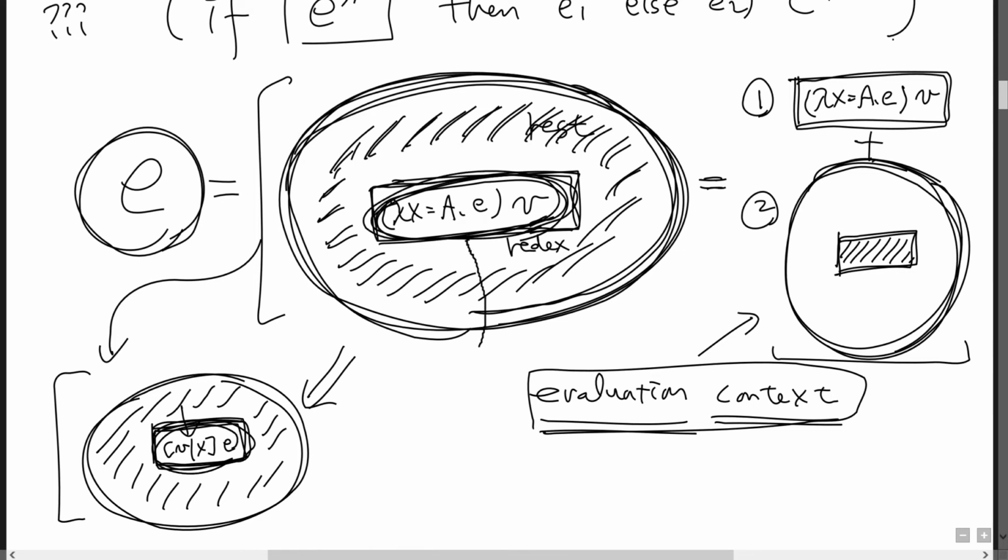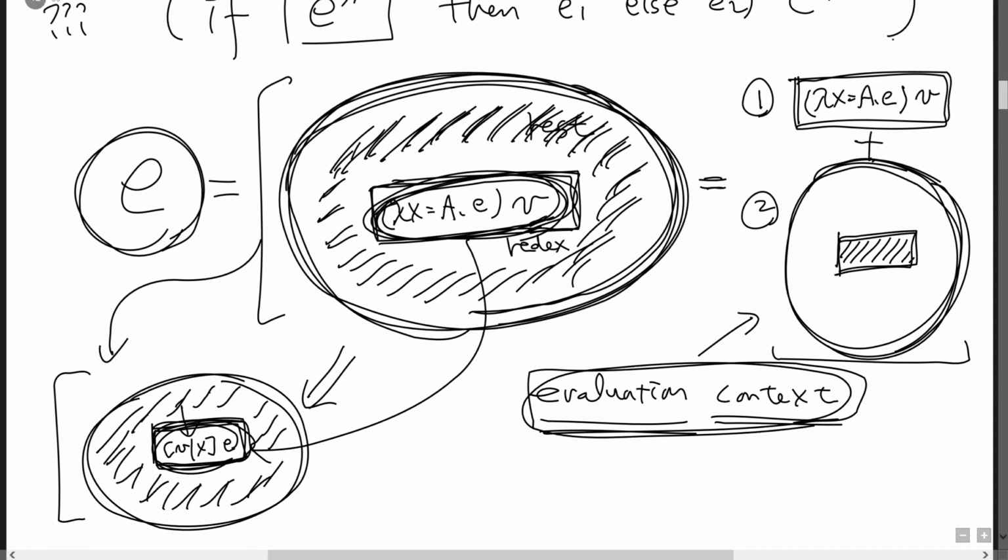So the red x reduced to another expression. In the meanwhile, the rest of it, which is called evaluation context, stays the same. In this regard, it makes perfect sense to call the second component, this one, something with a big hole in it, evaluation context.